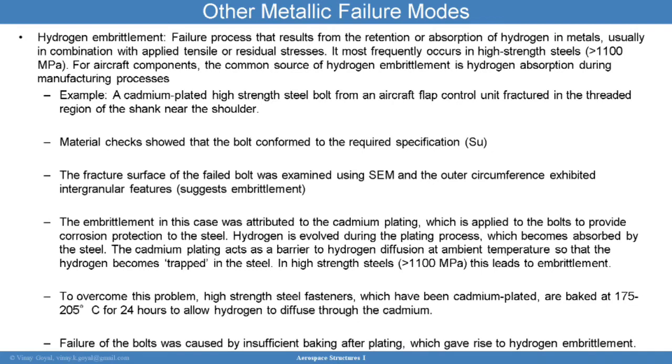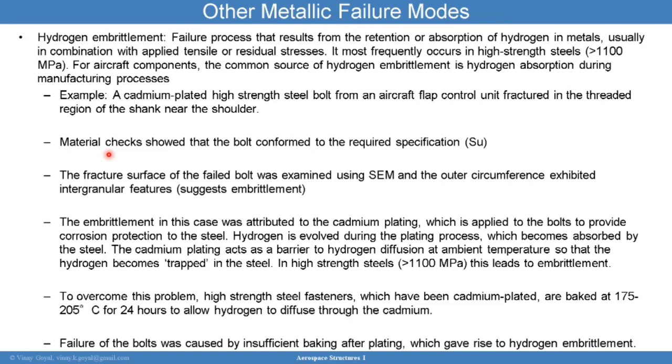In the example I want to provide now, a cadmium-plated high-strength steel bolt from an aircraft flap control unit fractured in the threaded region of the shank near the shoulder. Materials checks showed that the bolt conformed to the required specs. So the ultimate strength of that bolt was just fine.